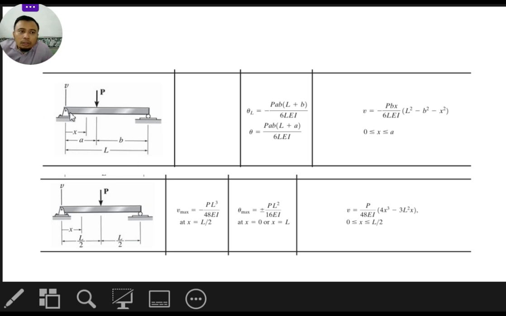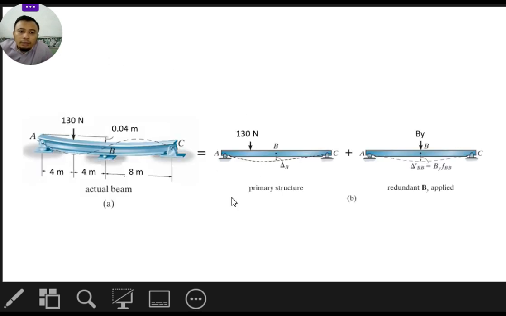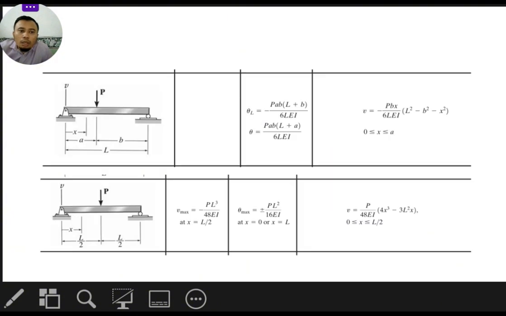So based on your previous structure here, your equation for finding the displacement is based on the formula, which will be given in the exam.